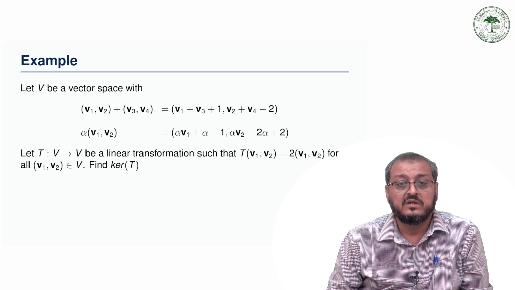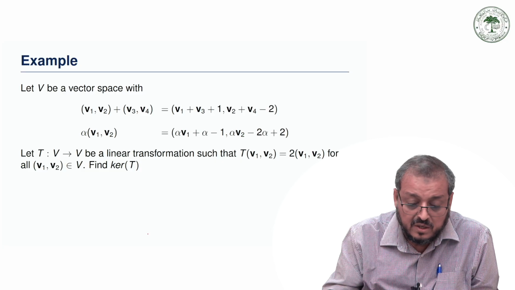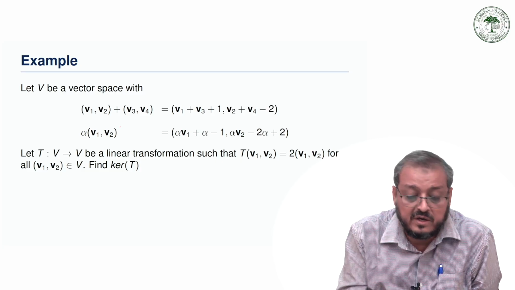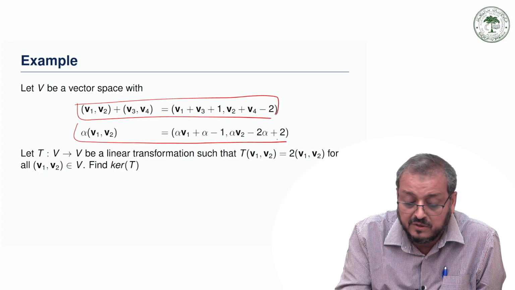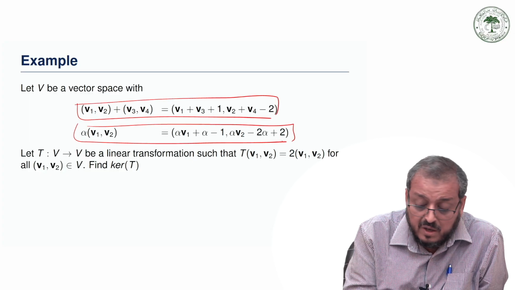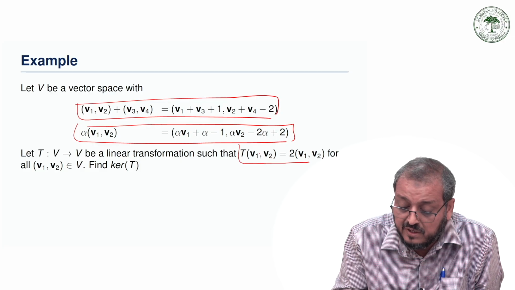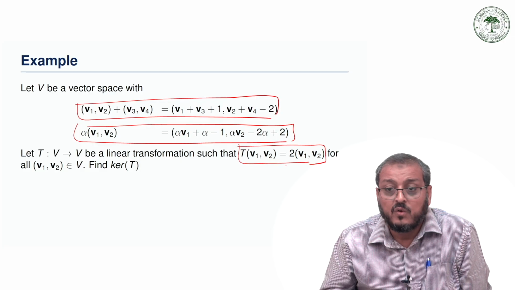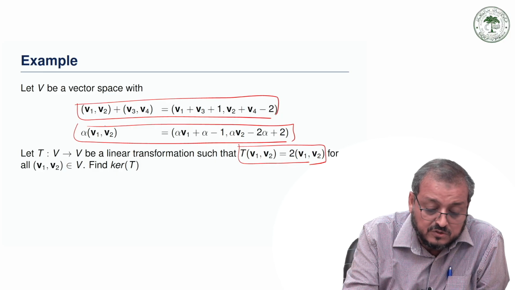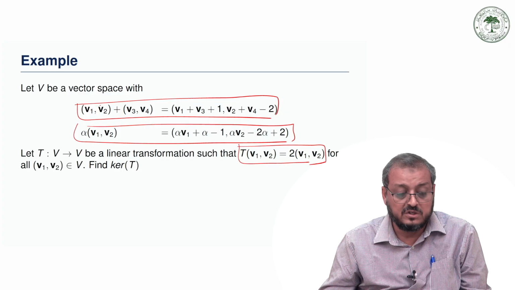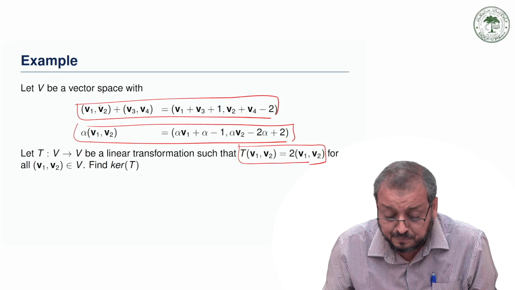Our vector space is defined, addition is defined in this form, scalar multiplication is defined in this form, and then the map is defined in this form: T(v1, v2) is equal to 2 times (v1, v2). So, we have to find the kernel of this linear transformation over the vector space V, which is defined in this form.